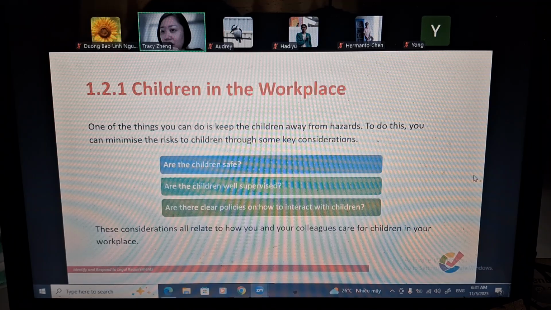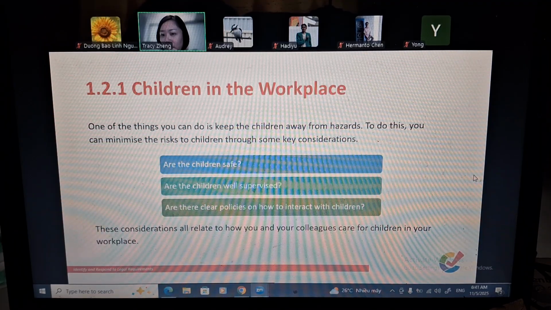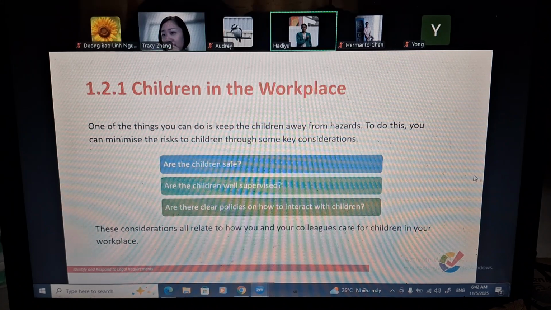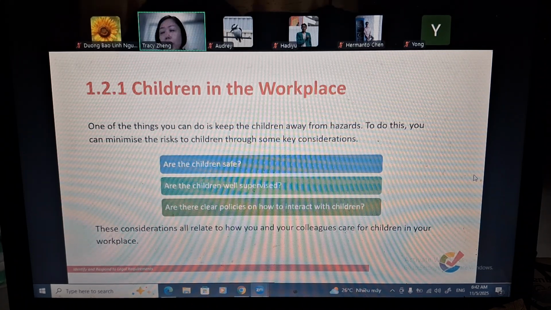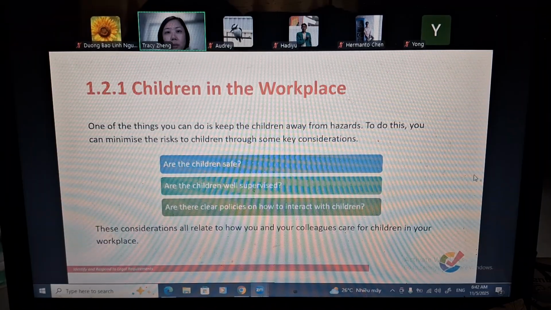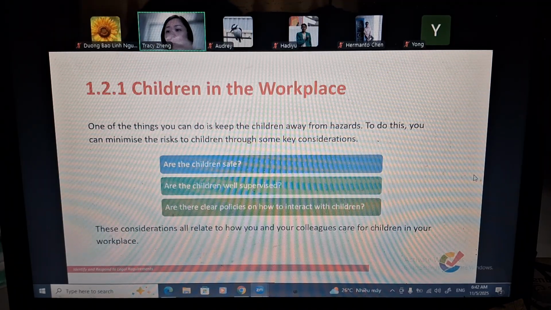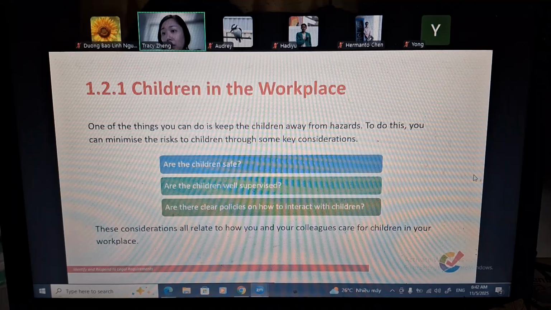What else? Any other hazards? The trolley can hit elderly people. Yes, for sure. And in the hallway, it's quite narrow, right? If somebody is running around and you're pushing the trolley, you may also hit somebody else.